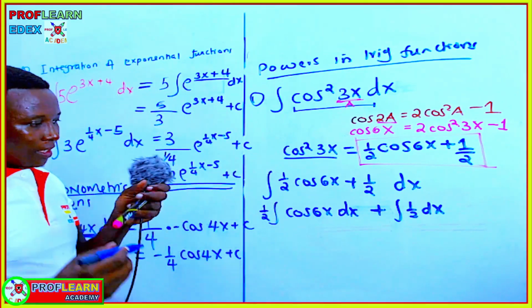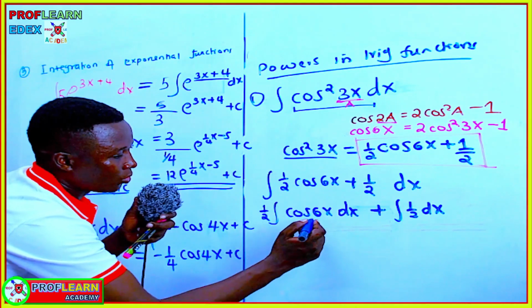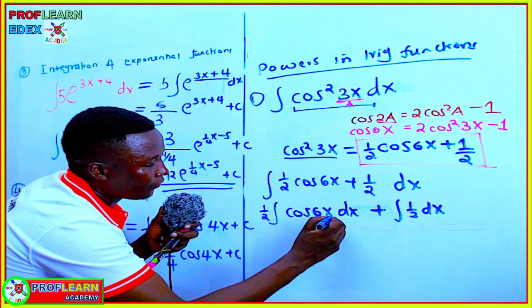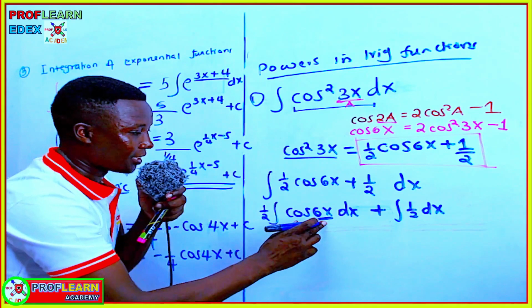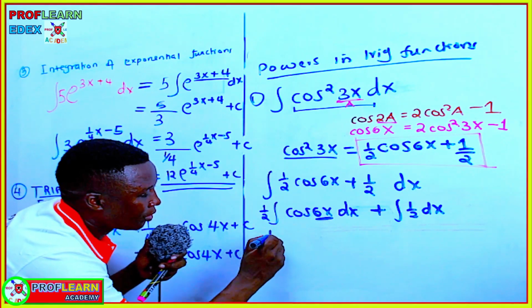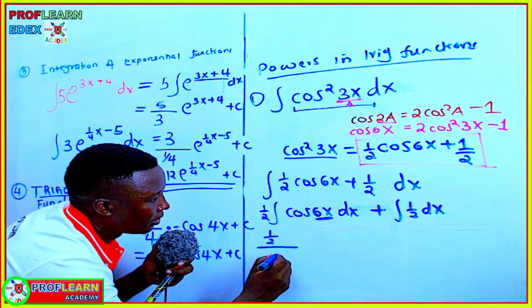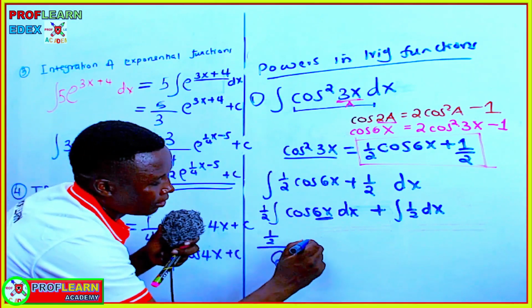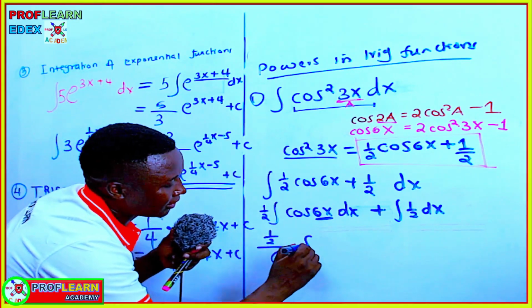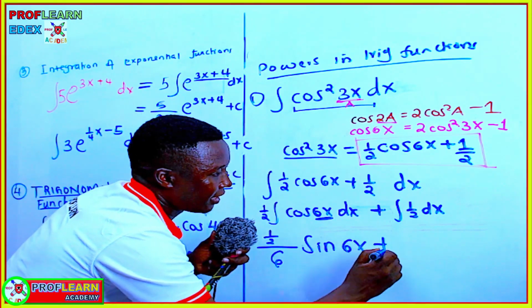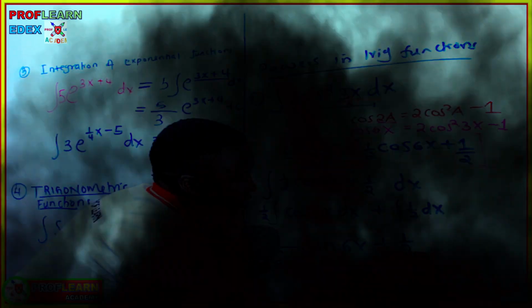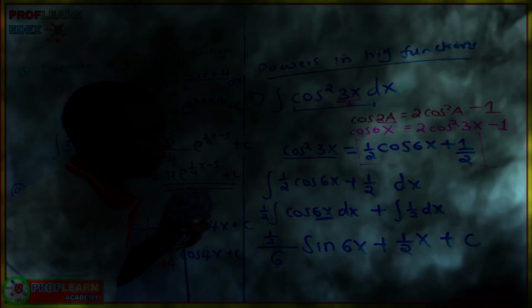Now, to integrate this, you differentiate the function you have here, which is going to be 6. Then our answer is going to be 1 over 2 over 6. Integrating cos is actually sine 6x, then plus 1 over 2x plus c.